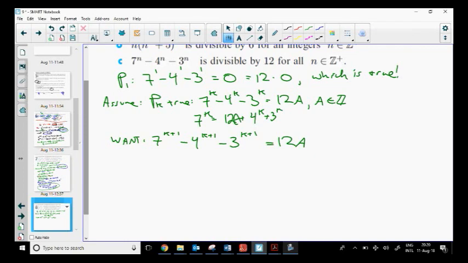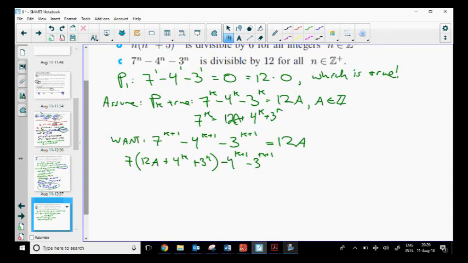So let's see what happens on this left-hand side. What is 7 to the power of k plus 1? Well, that's going to be 7 times 7 to the k, and 7 to the k is this. And then we've got to subtract all of this stuff.